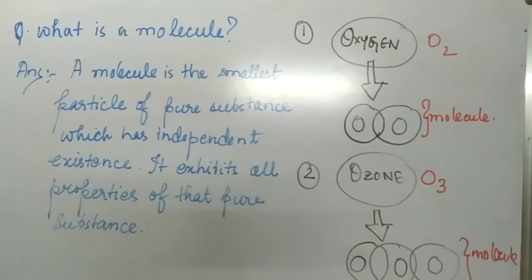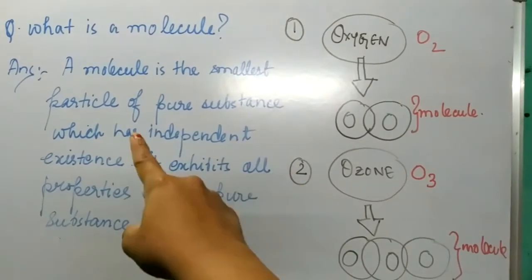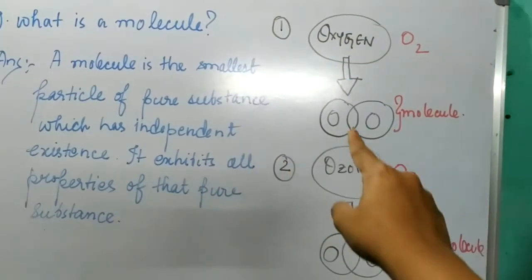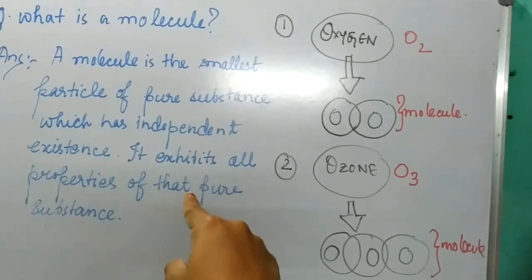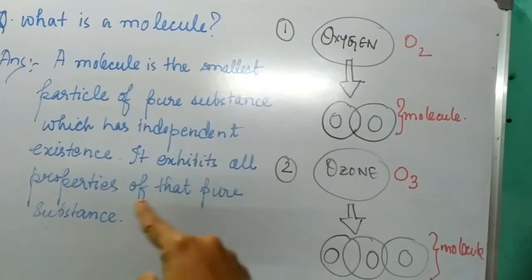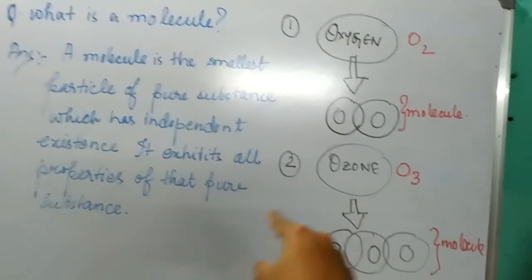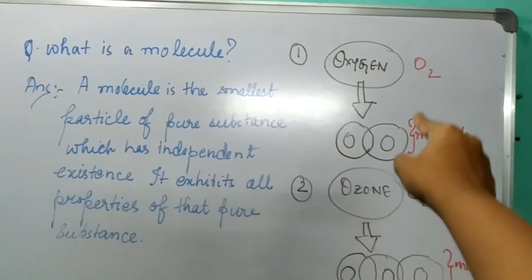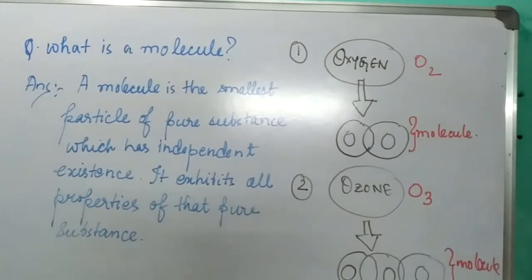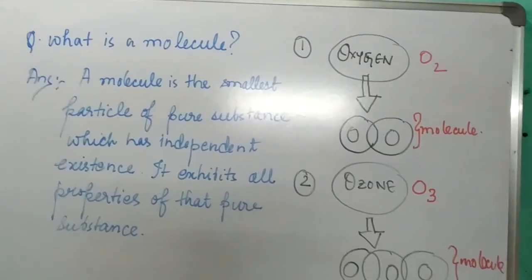molecule means the smallest particle of pure substance, as you all can see, which has an independent existence and it exhibits all properties of that pure substance. That means over here, the molecule of oxygen has all the properties of oxygen, like it supports combustion.